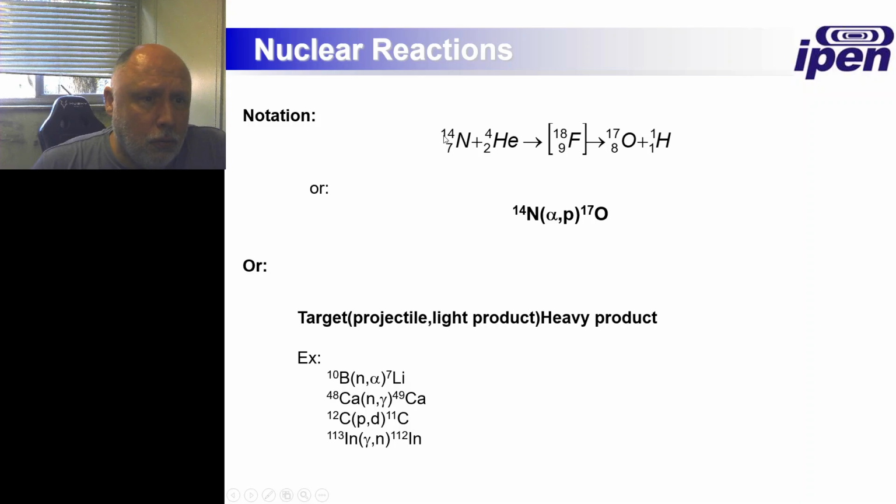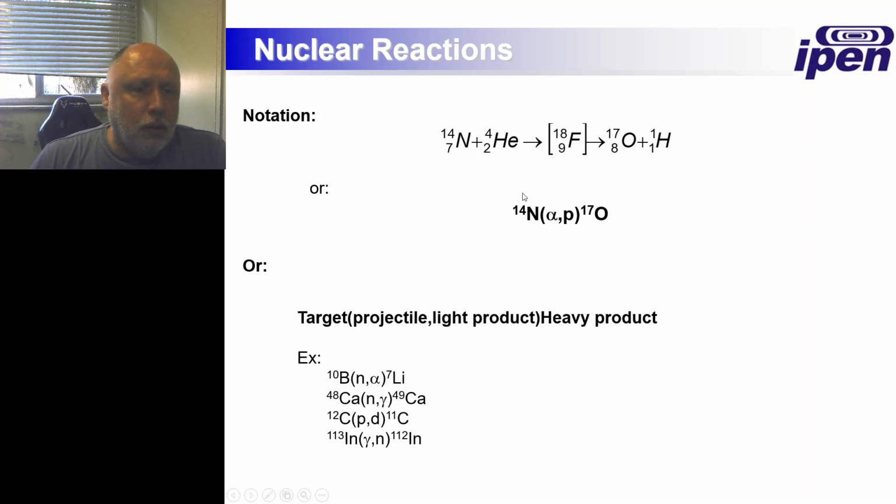And if you see, 14 plus 4, 18. 17 plus 1, still 18. 7 plus 2, 9. 8 plus 1, still 9. Okay? And now we write this down just for simplification, to shorten things.